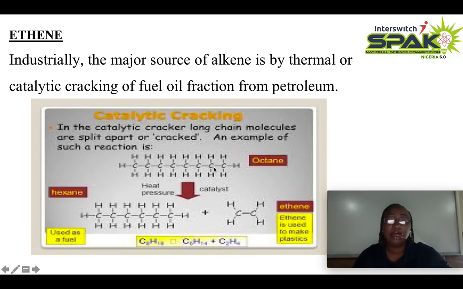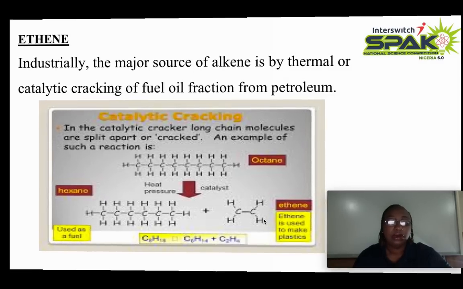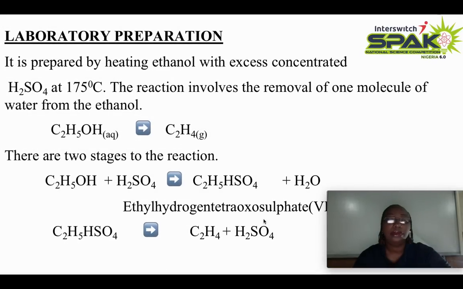For example, we have octane, C8H18, in this slide. C8H18 is broken down in the presence of heat, pressure, and a catalyst of aluminium oxide to produce ethane and ethene, which is used as fuel.